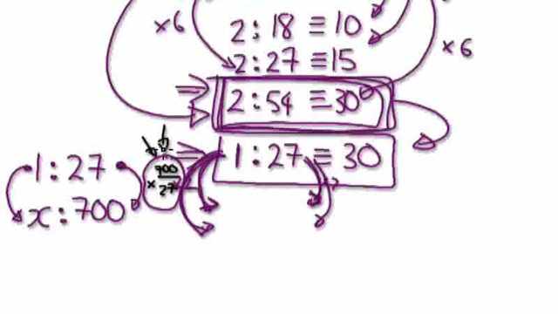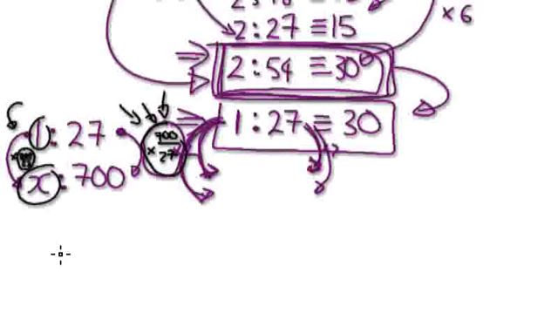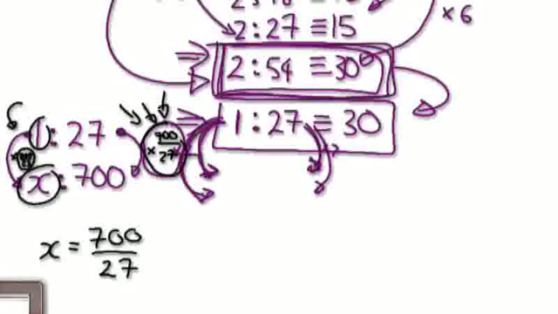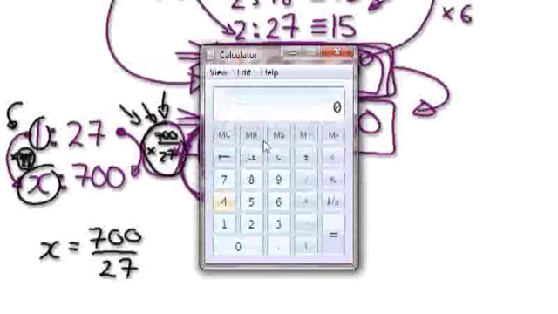So we're going to use this multiplier over here. To get from 1 to x, I would need to times by the same multiplier, 700 over 27. So 1 times 700 over 27 will take me to x. So x really boils down to 700 over 27.